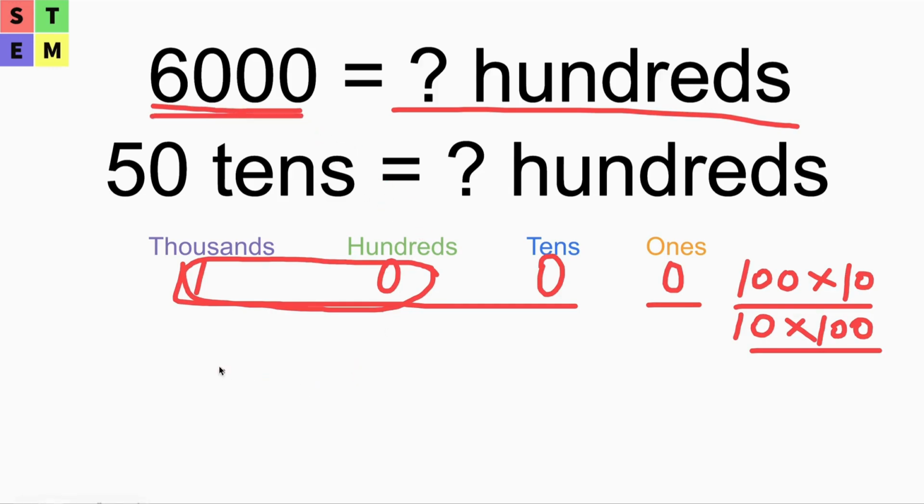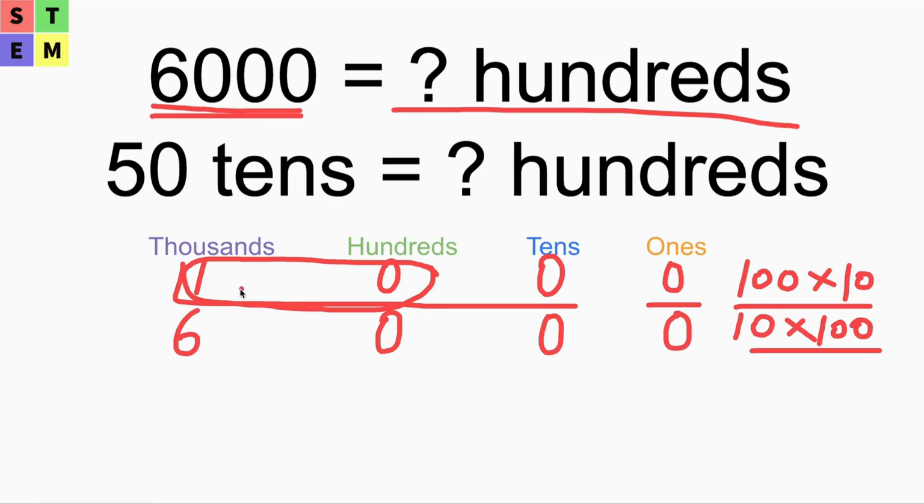We have 6,000 here, so we have thousands, so we got 6 thousands. 0 hundreds here, 0 tens, right? And 0 ones, right? So how many hundreds?